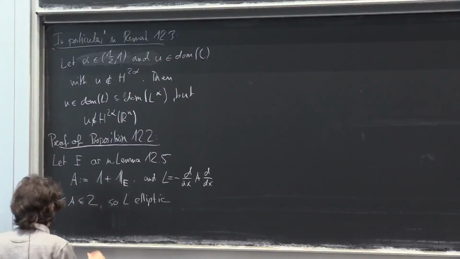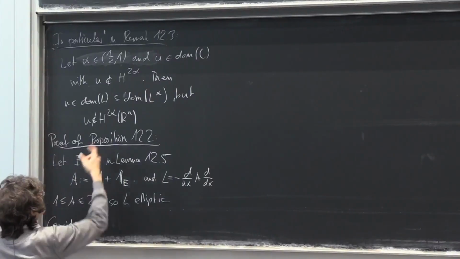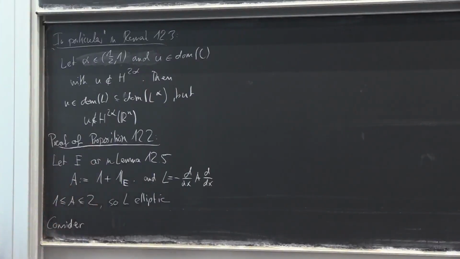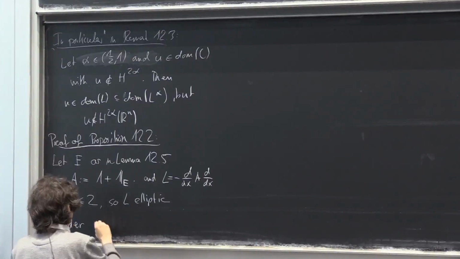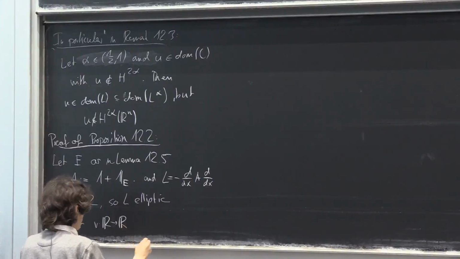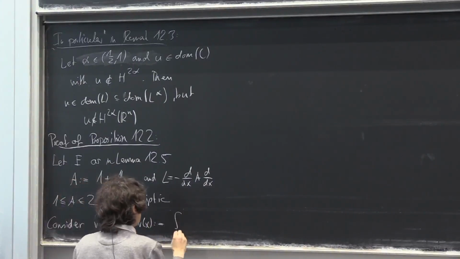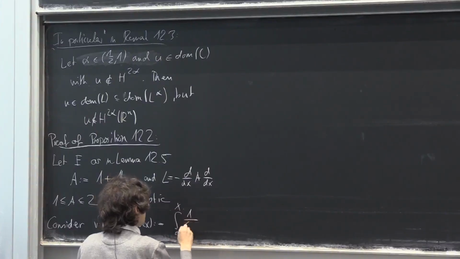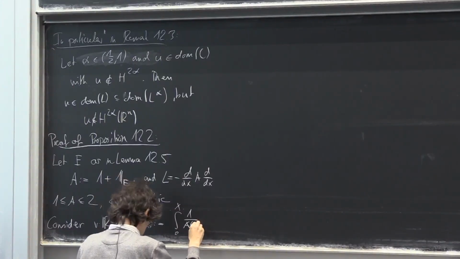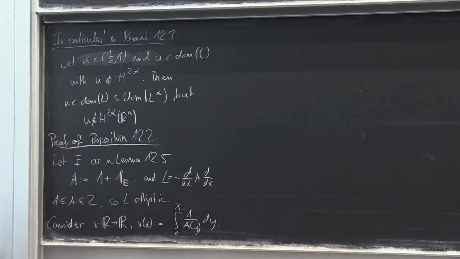And now we still have to find this function u, and the way to construct this function u is the following. Take the primitive of 1 over a. So define the function v of x as the integral from 0 to x of 1 over a of y dy. So v is just the primitive of 1 over a.